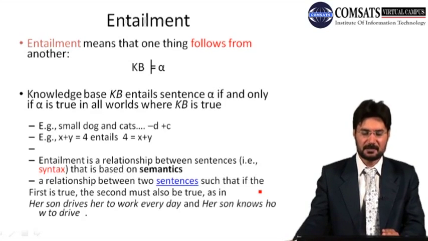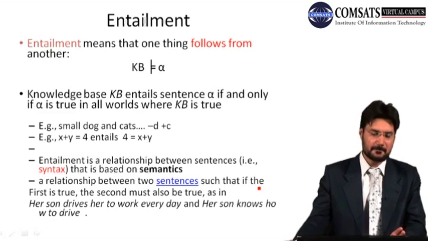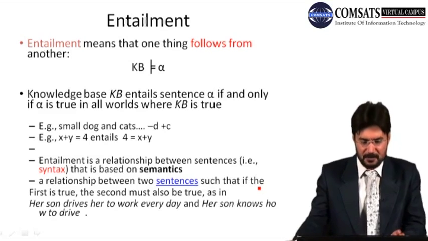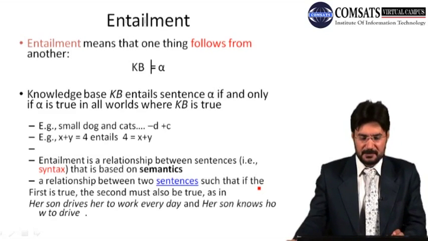So if we have something coming from a knowledge base as alpha, then alpha will always be true if the knowledge base is true. So entailment is a relationship between sentences, that is a syntax that is based on semantics.